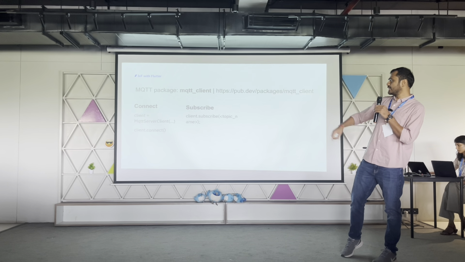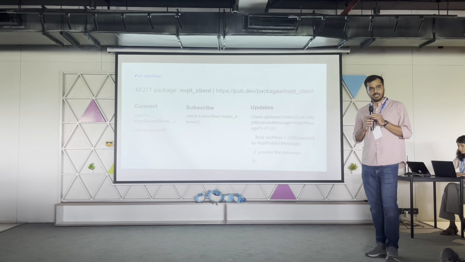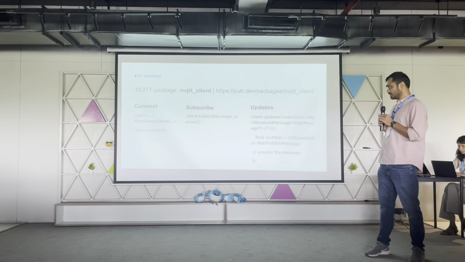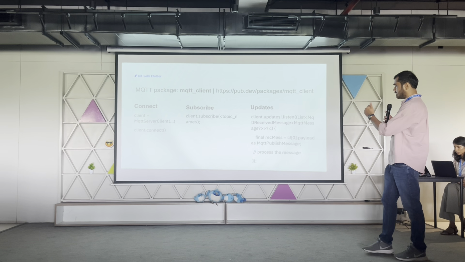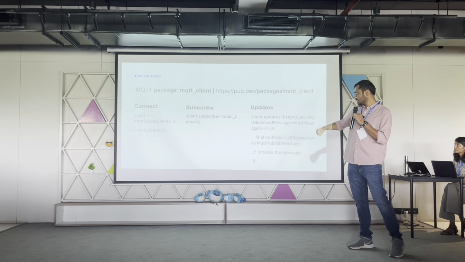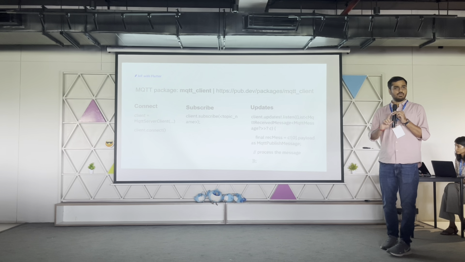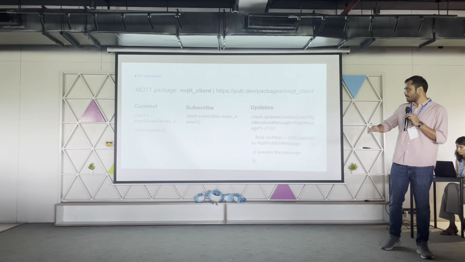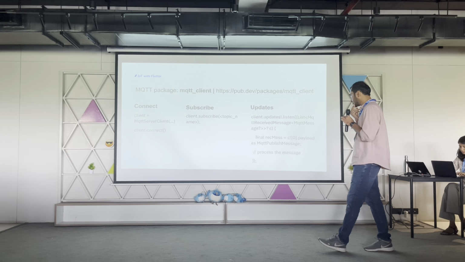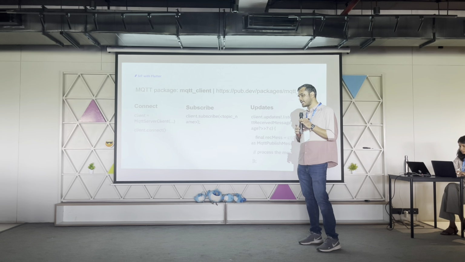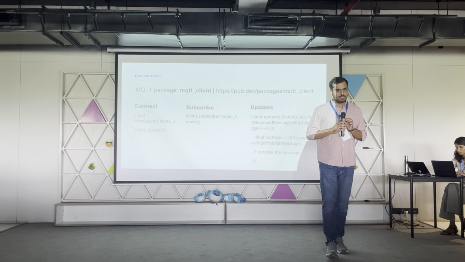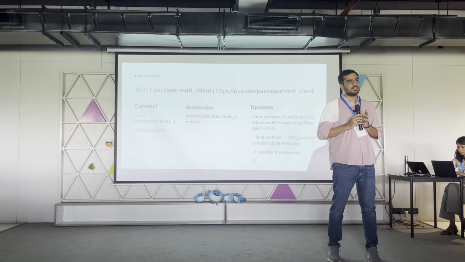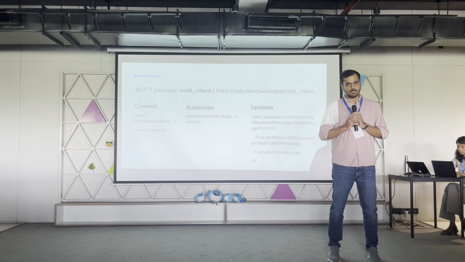So to make the connection, you create the instance of the client. Then there is a subscribe, where the topic name goes. Let me clarify. We talked about the pet tracking application, right? That device had a location topic.